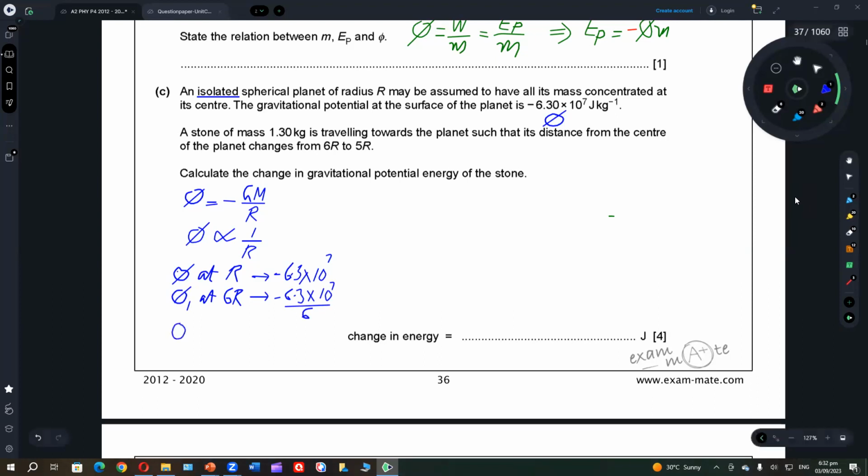Then potential at 5R is minus 6.3 into 10 power 7 upon 5. So I have now two potentials.